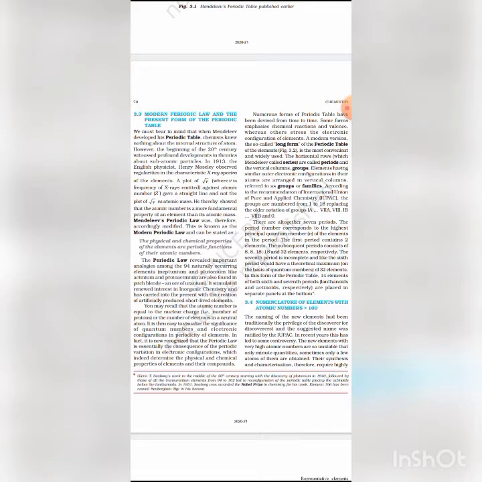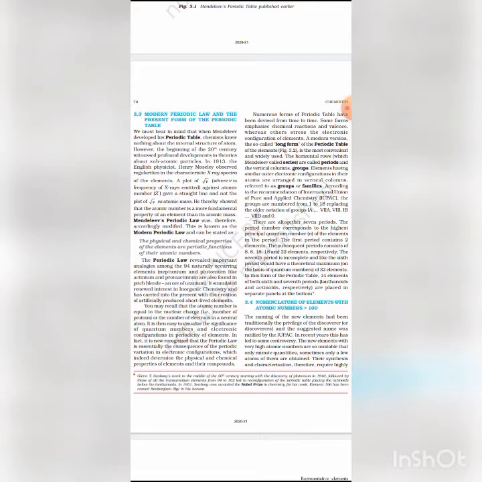Elements of groups 16 and 17 are highly electronegative, and the elements of group 18 are inactive or inert gases. Elements of group 17 are called halogens, and those of group 18 are called noble gases.